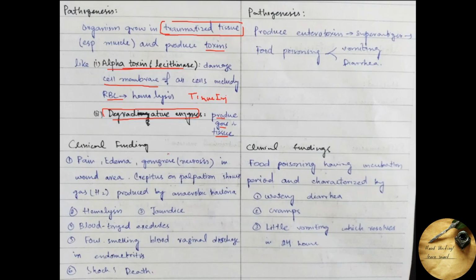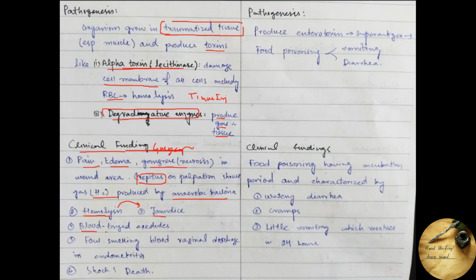Coming towards the clinical findings of gas gangrene. There will be pain at the local site, there will be edema, there will be necrosis in the wound area. On palpation, if there is a cracking sound called crepitus, then it shows that hydrogen is produced by anaerobic bacteria. Other clinical findings are hemolysis due to the alpha toxin, and jaundice due to the hemolysis of RBCs produced by alpha toxin.